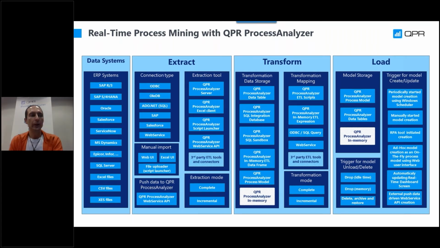And then once you extract the data, you can actually extract the complete data, let's say for 2 years. But if you want to do real time, then you need to have the possibility to do the incremental loading. So maybe some of the data is already extracted, like let's say last year, 2019.